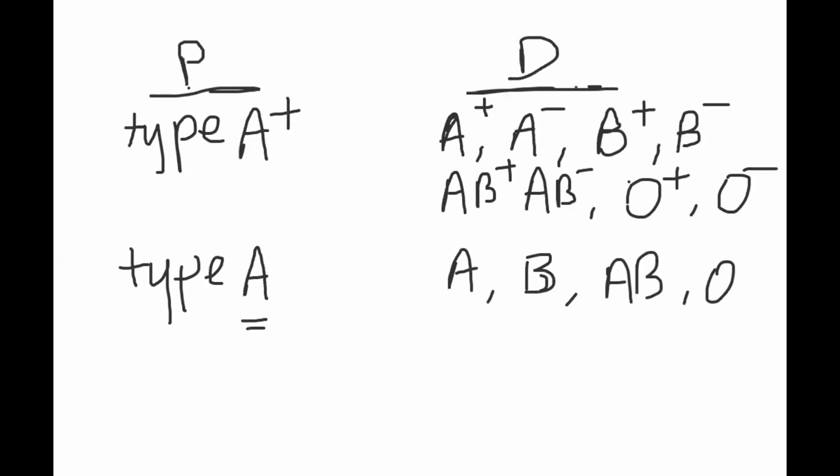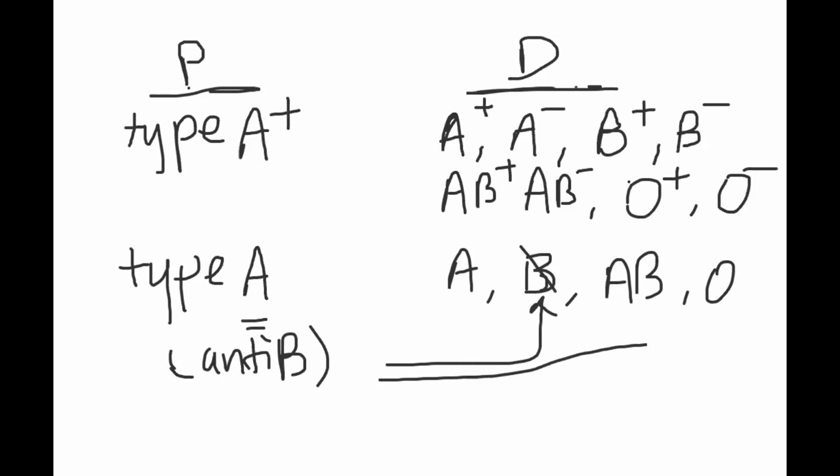The patient has anti-B antibodies, which will react with type B and AB blood, so those cannot be used. So for type A blood, the only choices you can use are type A blood and type O blood. That's the first step.